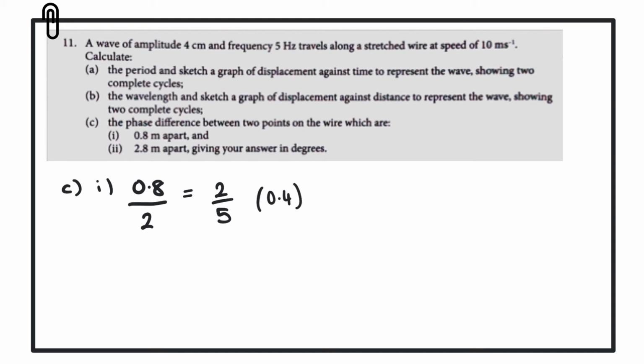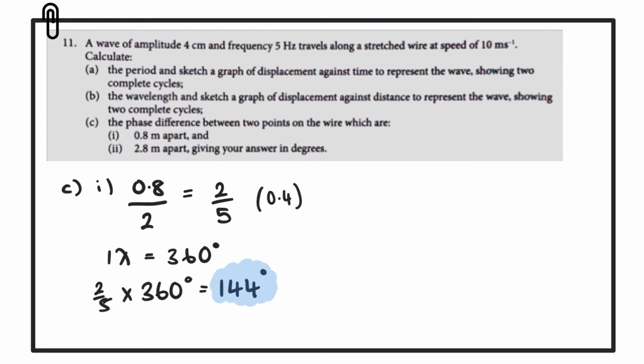Now what we want to do is convert that into degrees. So for one full cycle, we have 360 degrees. So one wavelength would represent 360 degrees. However, the separation that we have is only 2/5 of a wavelength. So 2/5 multiplied by 360 degrees gives us an answer of 144 degrees.